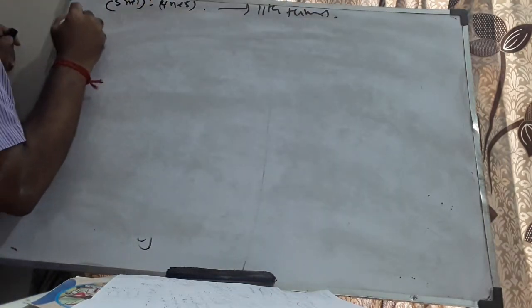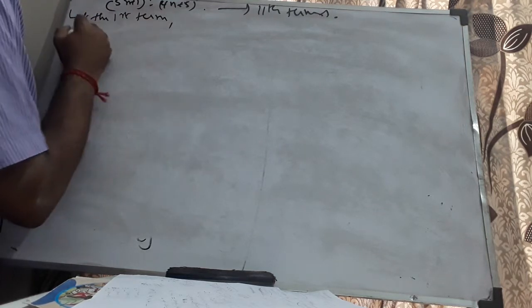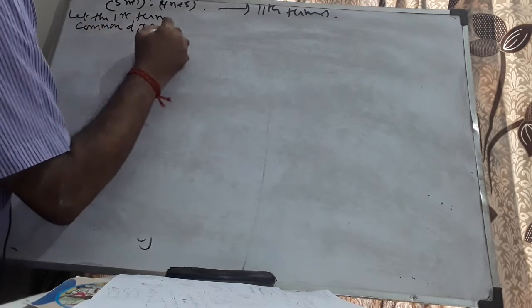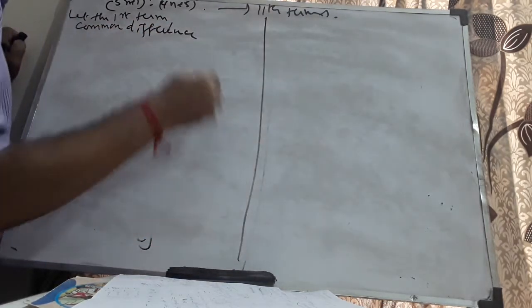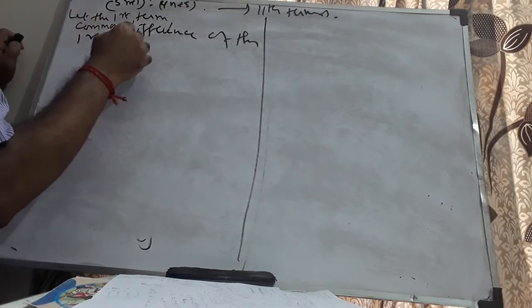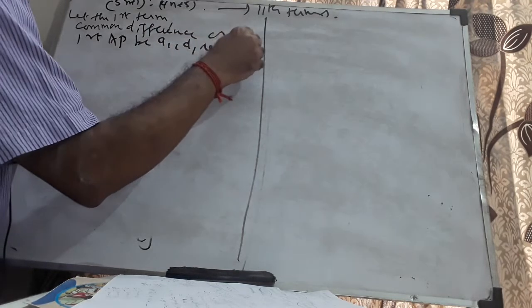Now, the same way, let the first term and common difference of the first AP be A1, D1 respectively.